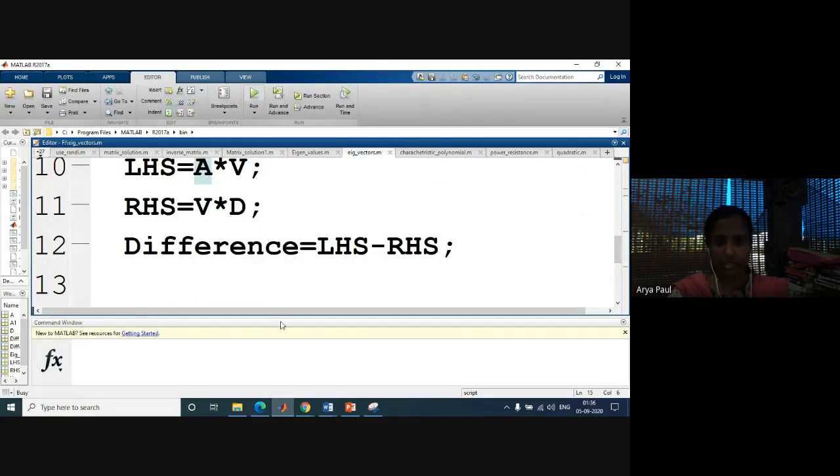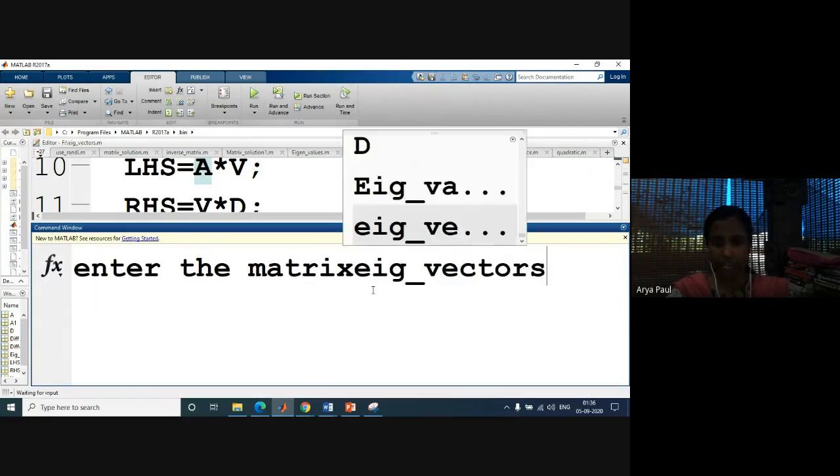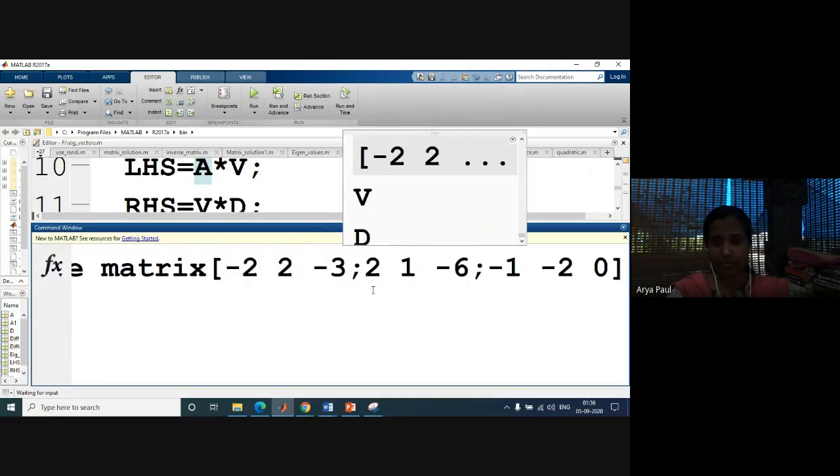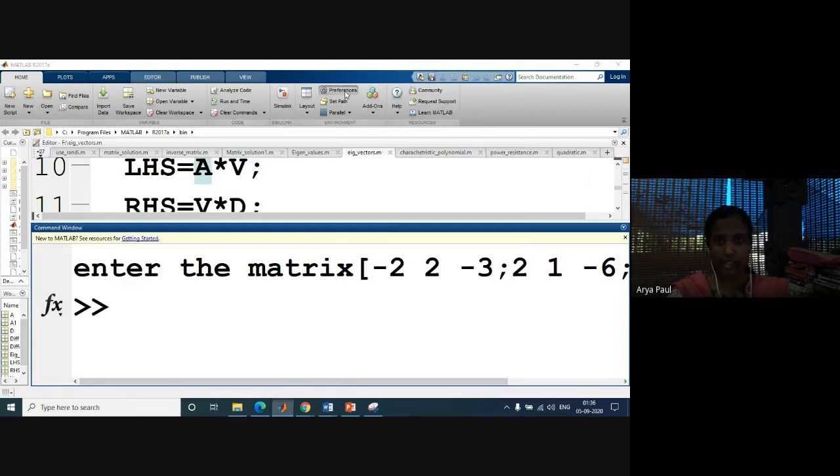If I run this, now you are entering the matrix. You have entered the matrix A. Now if you want to display A, let me change the font.